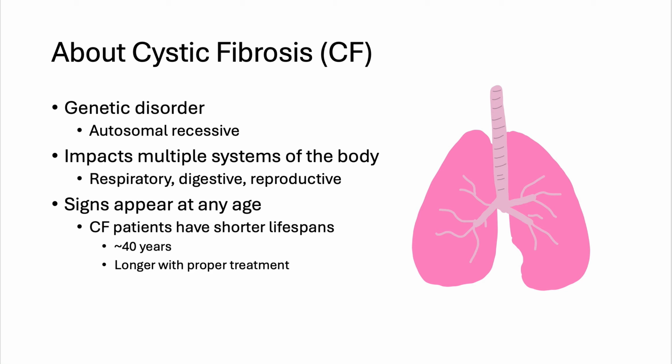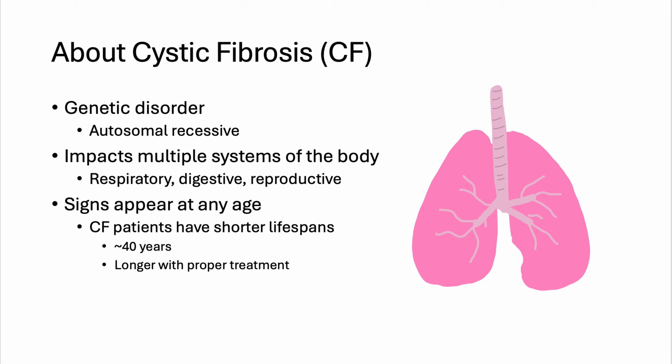Cystic fibrosis is a genetic disorder that is inherited through autosomal recessive inheritance. This disorder negatively impacts the protein glands in our bodies, changing things like our mucus, sweat, and digestive enzymes. While I personally feel that most people associate cystic fibrosis with lung problems, there's actually a lot more to this disorder.